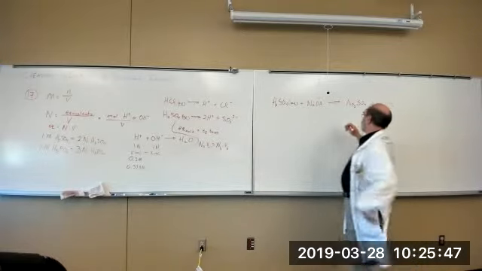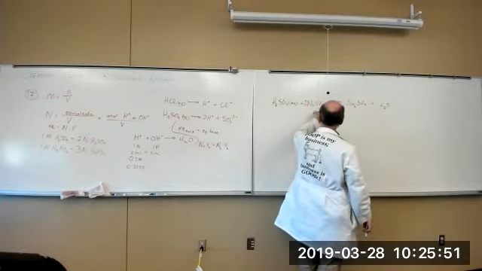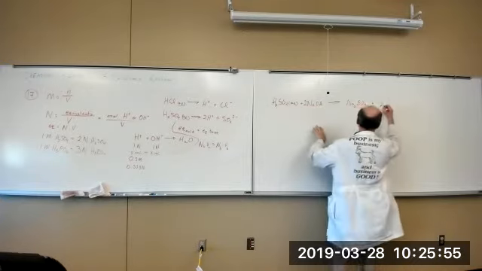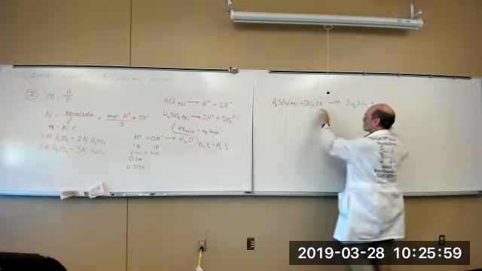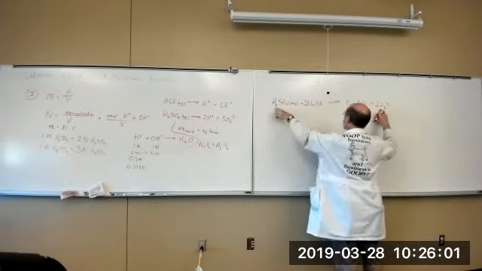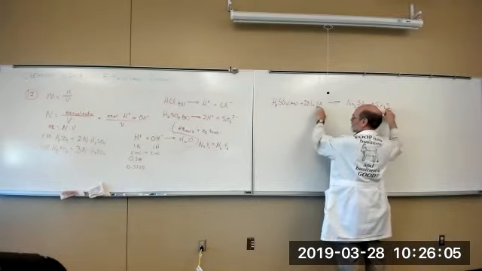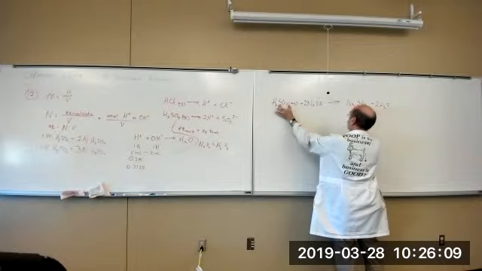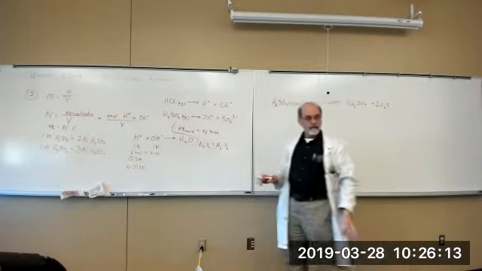So we need 2 sodiums, which makes 2 OHs and 2 hydrogens, which means we need 2 waters. So let's see if it matches. 4 hydrogens, so 2 here, 2 there, that's good. 2 oxygens here. We don't count that one because it comes over here and translates exactly. And then 2 sodiums. So that's our balanced equation.